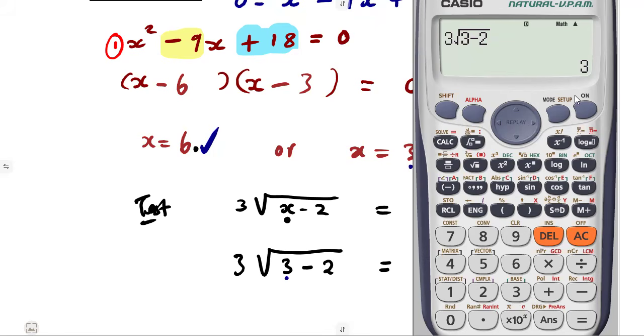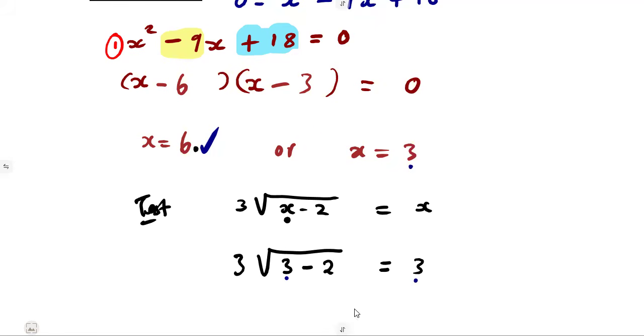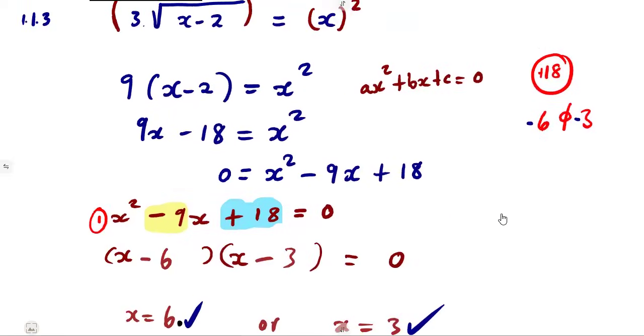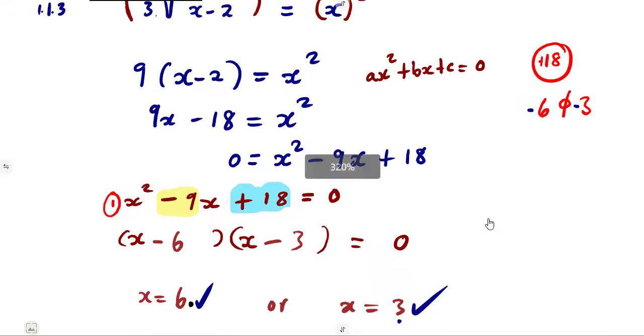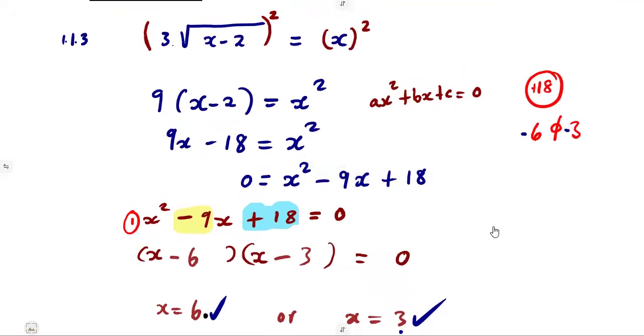All right, so this is going to give us a 3. So 3 is equal to 3. As you can see, the left-hand side is equal to the right-hand side. So this value of x is actually part of our solution also. Meaning in this question, both values satisfy our solution. They are actually correct. So x can be a positive 6 or x can be a positive 3.